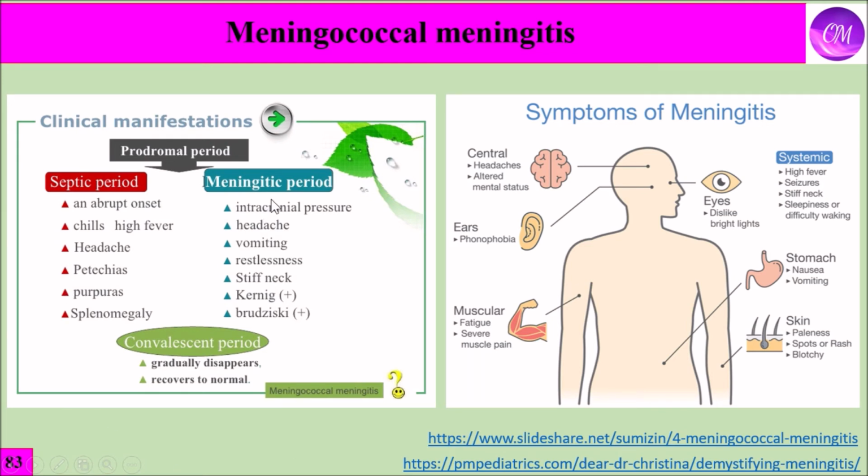The meningitic period is characterized by intracranial pressure, headache, vomiting, restlessness, stiff neck, Kernig and Brudzinski symptoms positive. And in the recovery or convalescent period, they gradually disappear and the patient recovers to normal conditions.